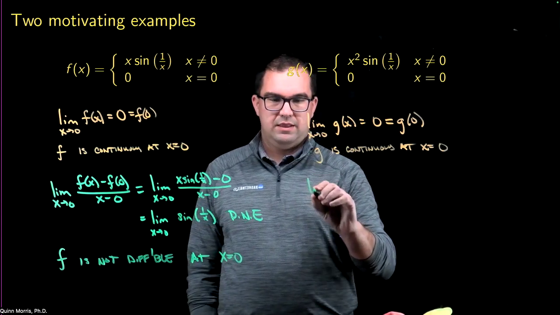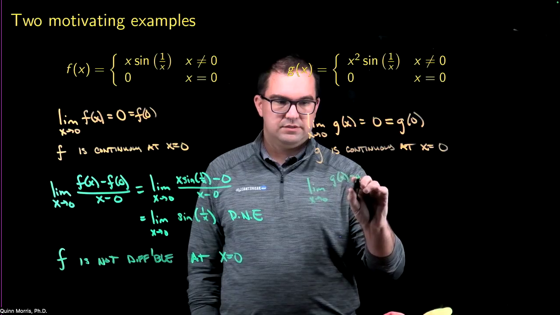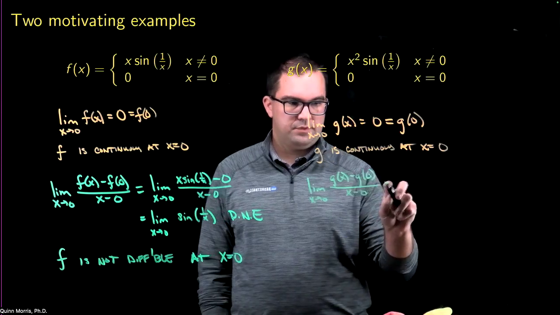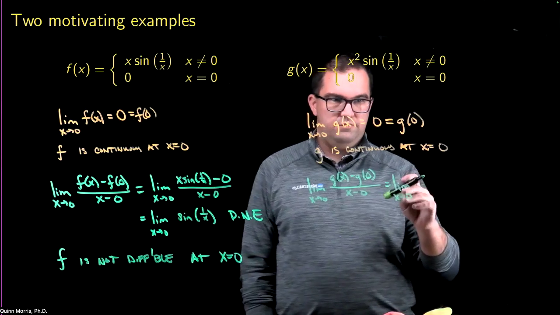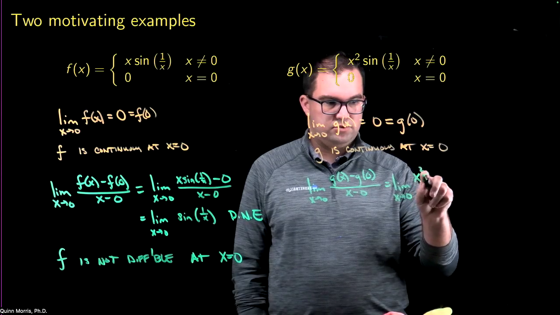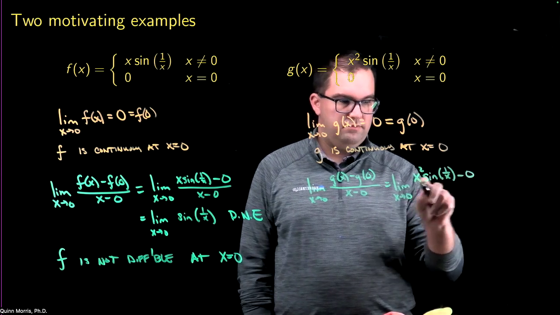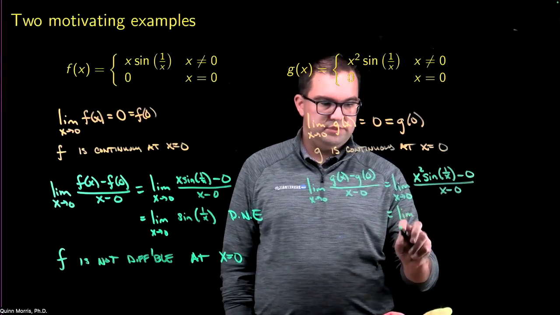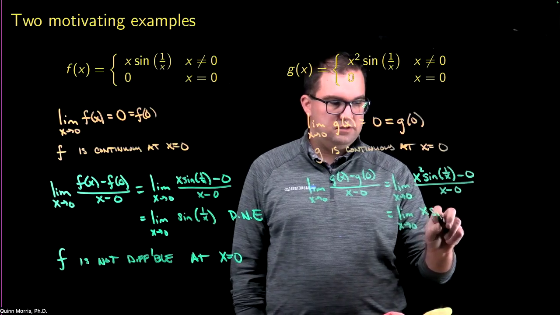So over here, if I take the limit as x goes to 0, again, of g of x minus g of 0 over x minus 0, this will be the limit as x goes to 0 of x squared sine of 1 over x minus 0 over x minus 0, which in this case, once I cancel a factor of x in the numerator and denominator, I'll end up with an x sine of 1 over x.